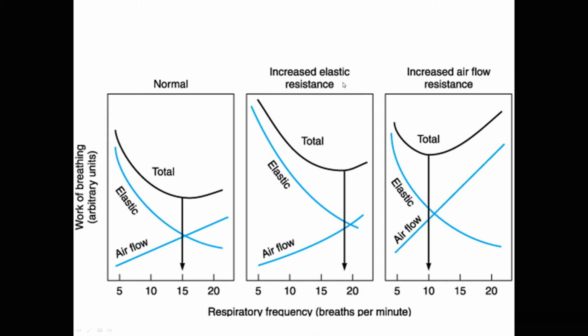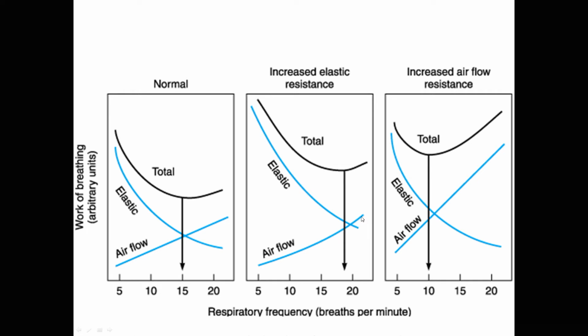For example, the increased elastic resistance, presented by the different curve of the elastic forces here, will be minimized by rapid shallow breathing, as shown here. Increased breathing rate will compensate for the increased elastic force. This is the total curve.